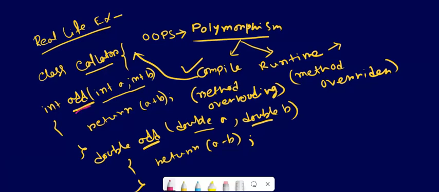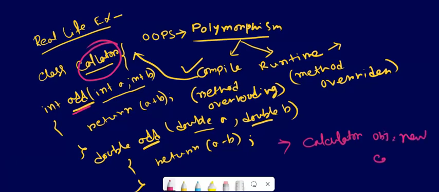So when I create the object of the Calculator class and call add, let's say Calculator obj = new Calculator, then I am calling obj.add(1, 2). At that time the first method will be called because it is matching integer type, okay?